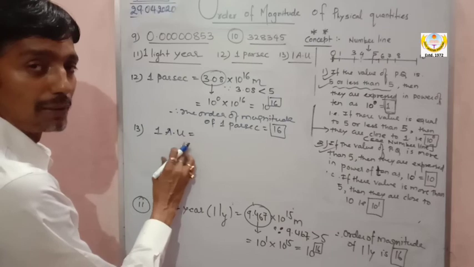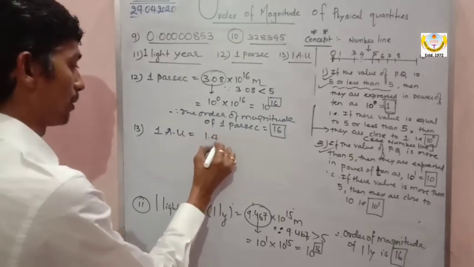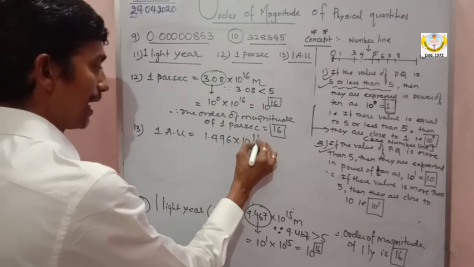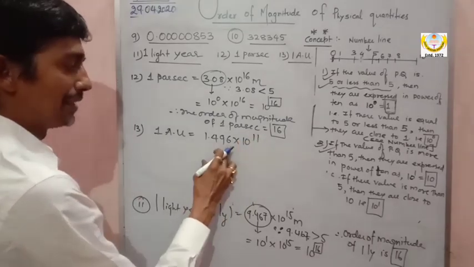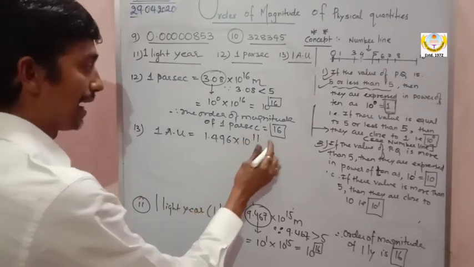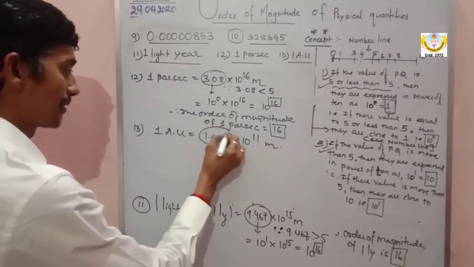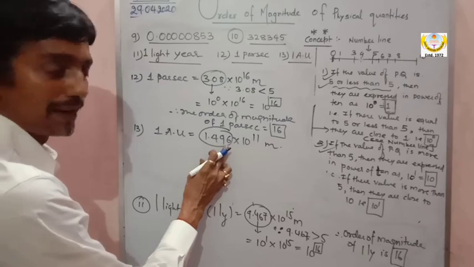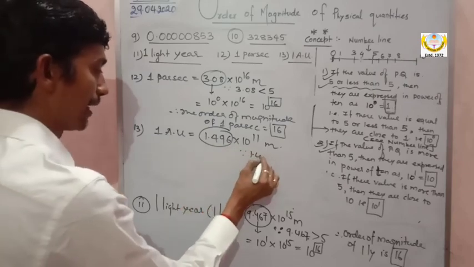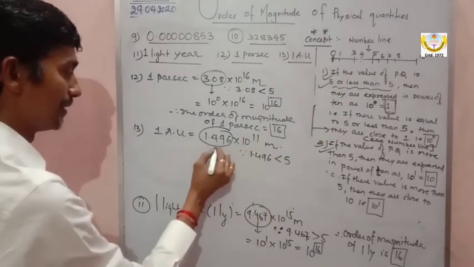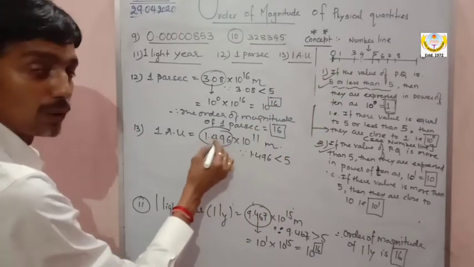You all know that 1 astronomical unit is 1.496 into 10 power 11 meter. Since 1.496 is already in one digit and less than 5, it is again like example number 1, so it is close to 1.